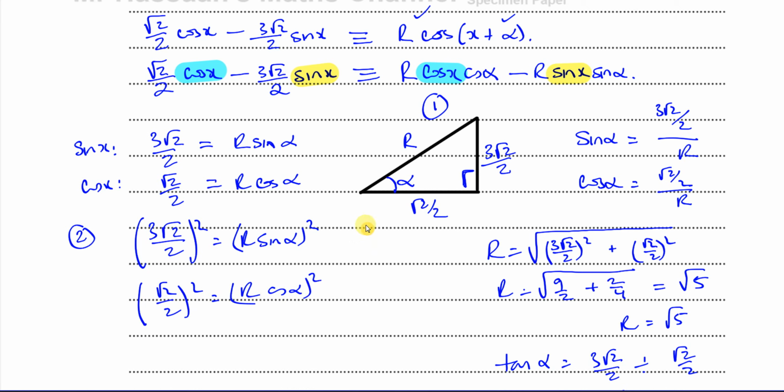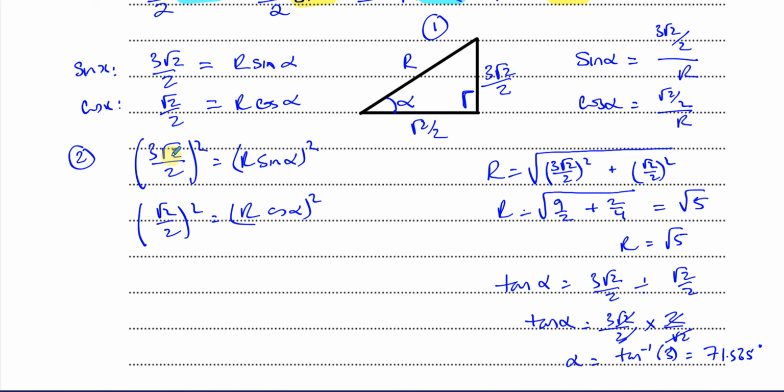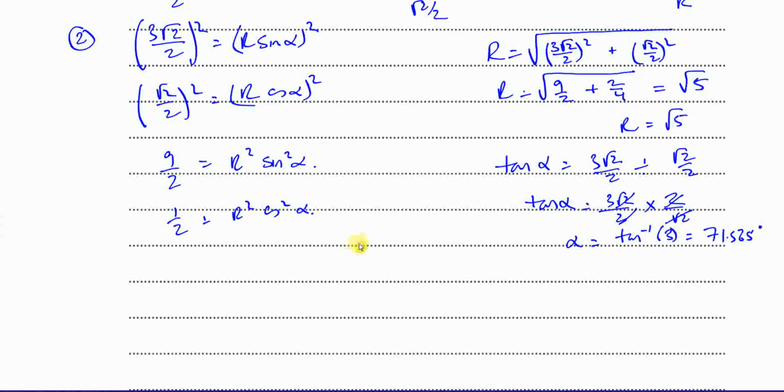So this gives you 9 times 2 over 4, which is 9 over 2, equals r squared sine squared alpha. And this gives you root 2 squared, which is 2 over 4, which is a half, equals r squared cosine squared alpha. So we have these as equation 1 and equation 2.